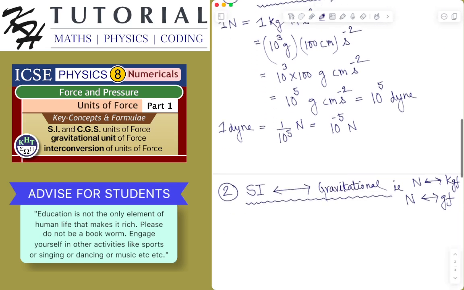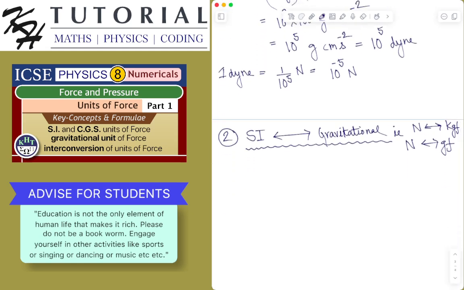Let's see how we convert the SI unit of force to gravitational units, that is Newton to kgf, kgf to Newton, and Newton to gf, or gf to Newton. Now what is 1 kgf?